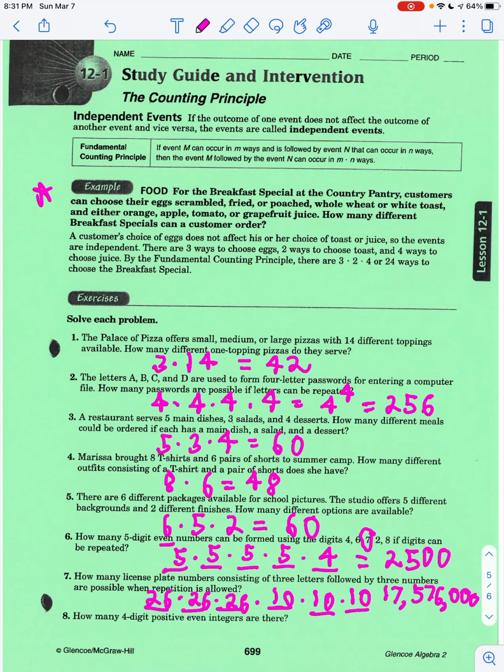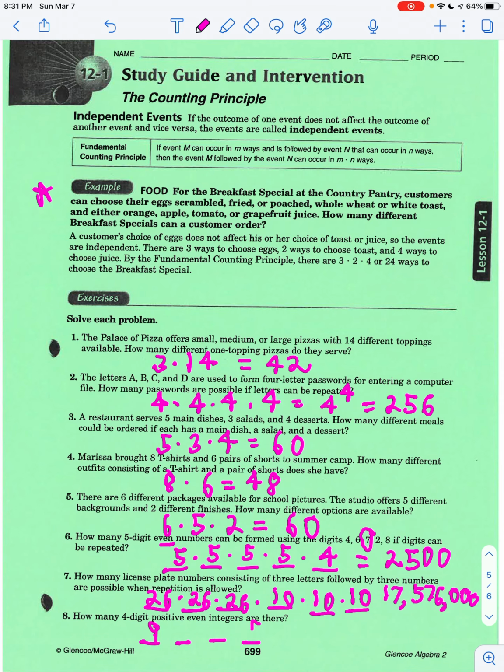Number 8, how many 4-digit positive even integers are there? This one's tricky. 4 spaces because we want 4 digits. Assuming the leading digit can't be 0, there would be 9 possibilities in the first position. In the last position, to be even, that would be 0, 2, 4, 6, and 8.